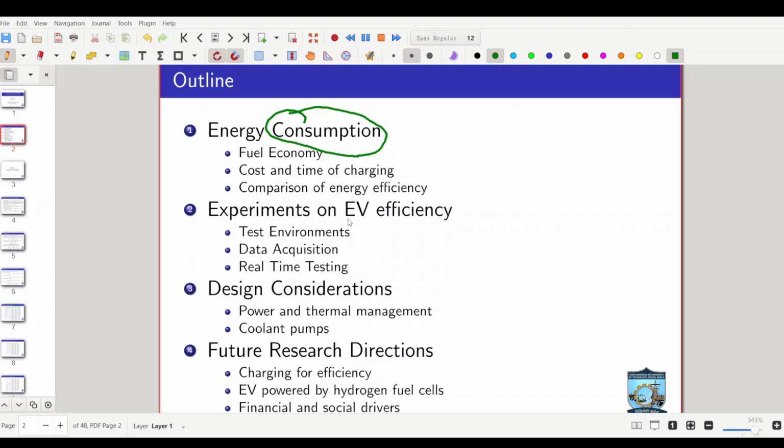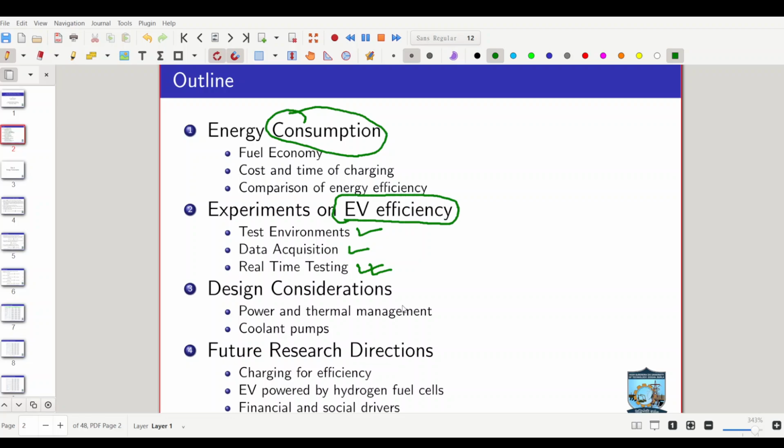The next step, we will go through various research which has been performed on estimating efficiency of electric vehicles, various test environments, and what data acquisition methods they have used, and how they perform real-time testing, not only in the laboratory, but also by driving the vehicles on real roads, collecting the data and analyzing it.